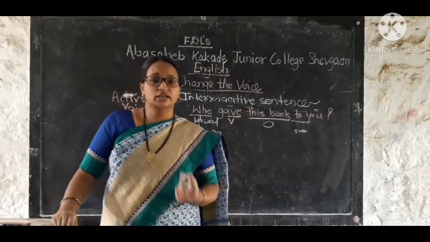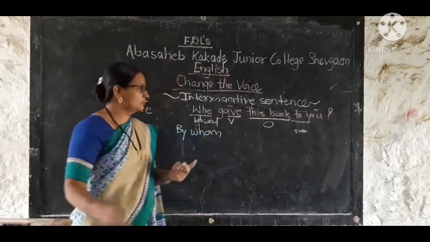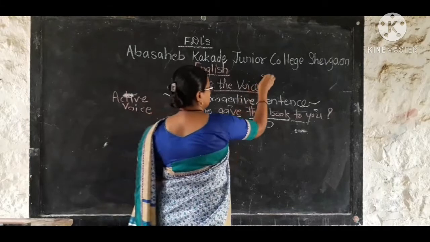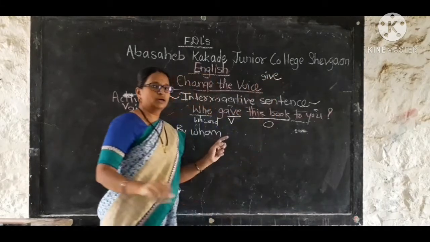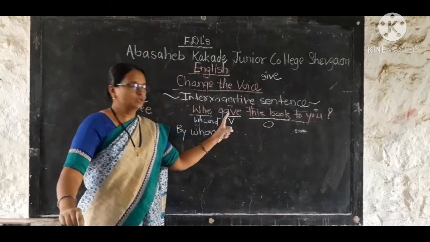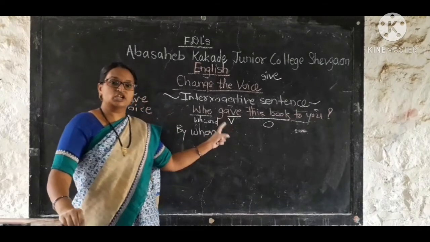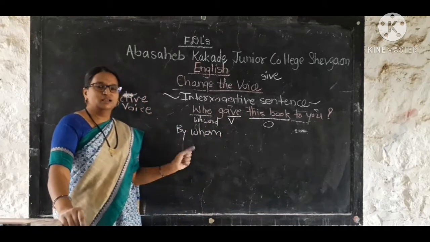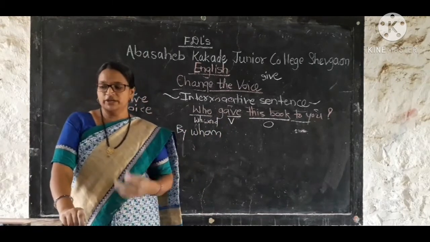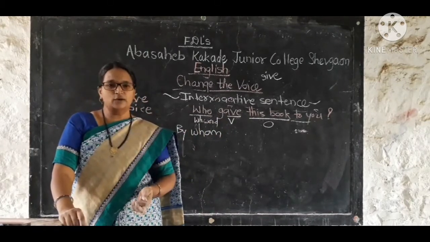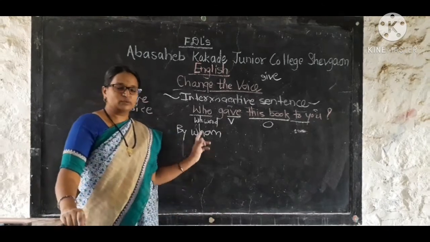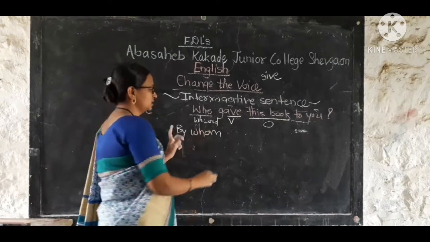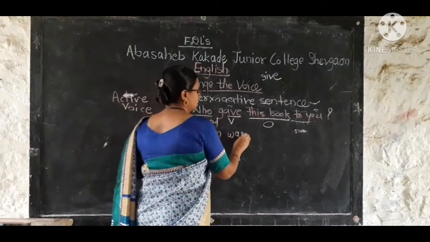Gave हे give या क्रियापदाचा सेकंड फॉर्म आहे. सेकंड फॉर्म म्हणजे हा झाला past tense. मग past tense जर असेल तर in past tense which helping verb we have to use? was किंवा were. या ठिकाणी by whom was.